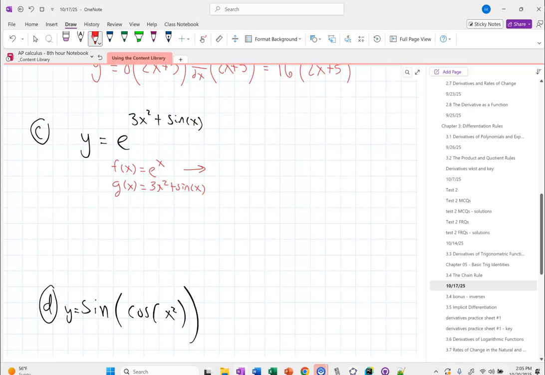Extra learning time. So the derivative of the outside is e^x. So when I start writing the derivative, I have this times the derivative of the inner, which is 6x + cos x.